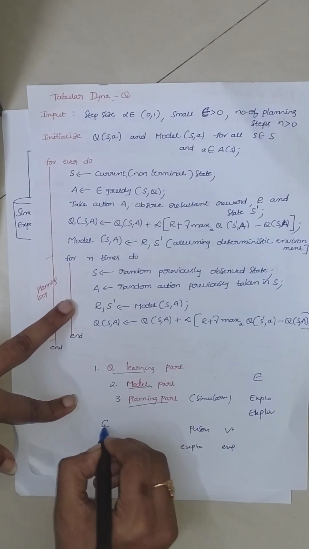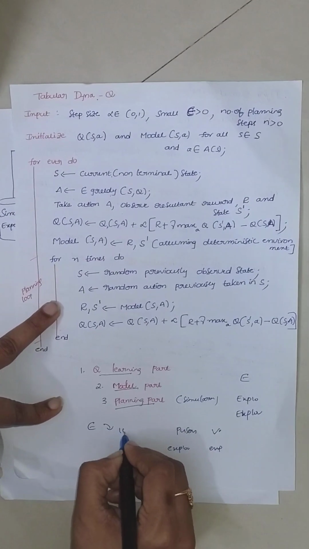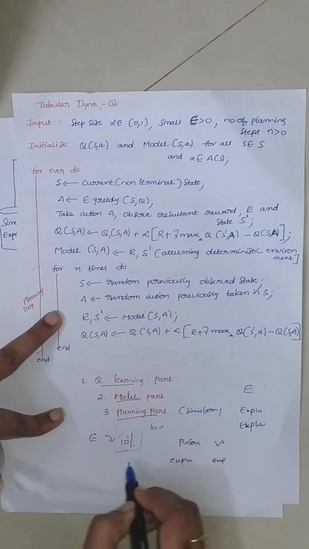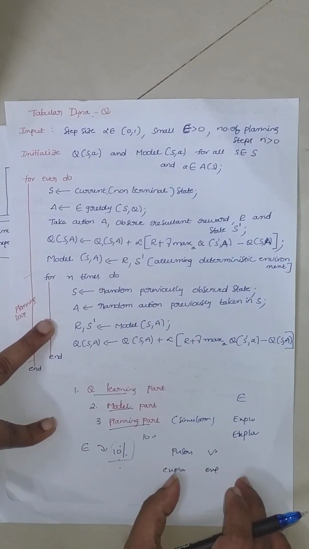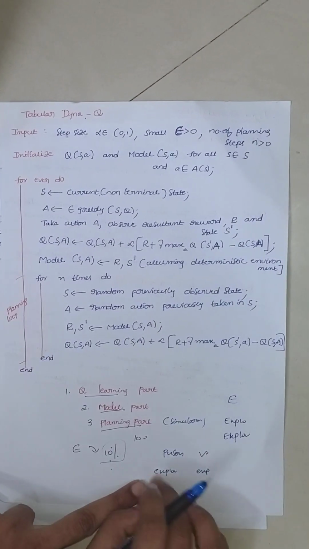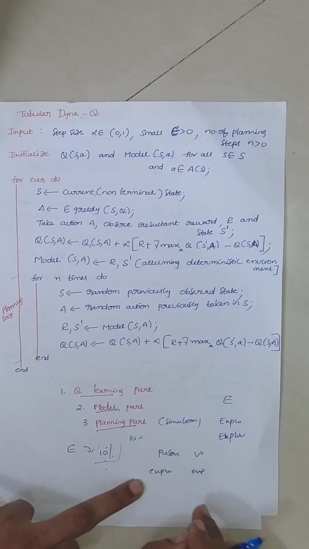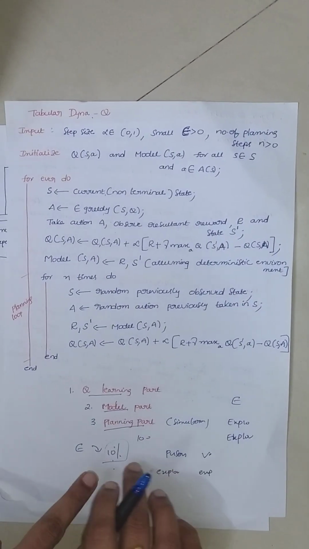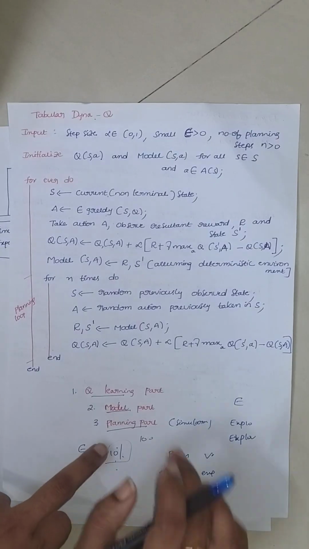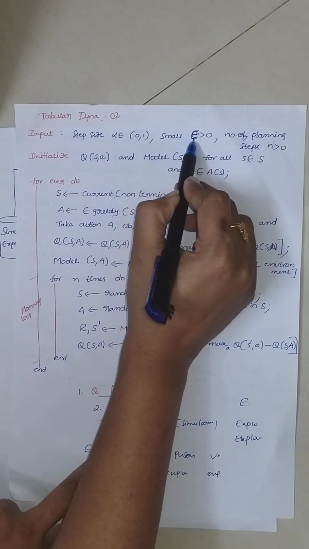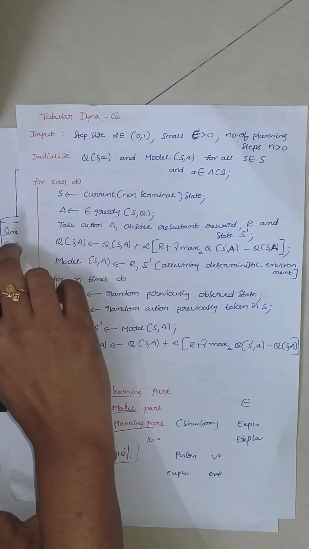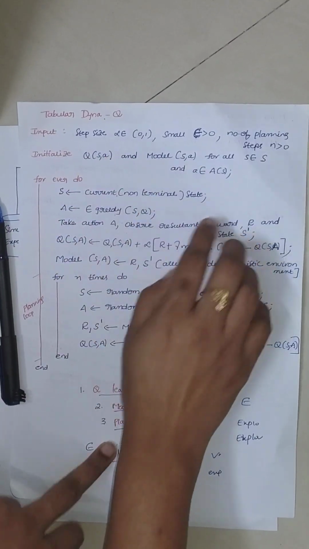So suppose we have taken epsilon as 10%, it means out of 100, 10 times he explores different kinds of restaurants, and the remaining 90 times he exploits the restaurant which is good. This example we have already seen long back, so we are using the same example. So epsilon is for exploration and exploitation.